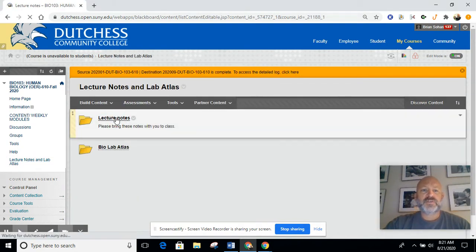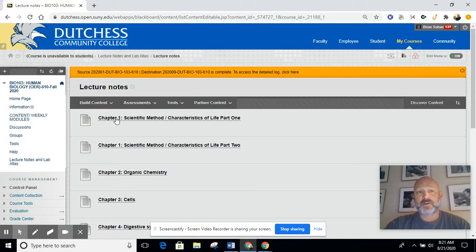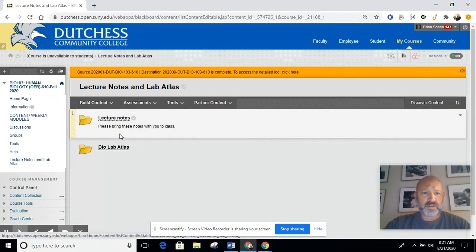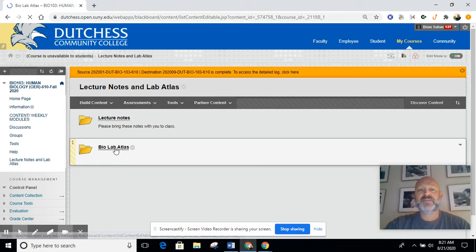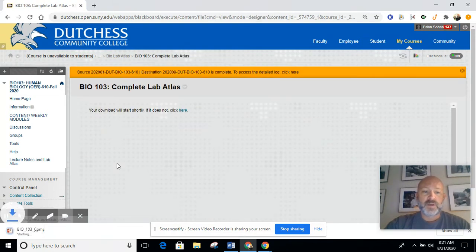in the lecture notes, these are all the notes for every chapter that we're covering every week. The other one, this Bio Lab Atlas, is a very large PowerPoint that covers every lab that we do, lab 1 through 14.